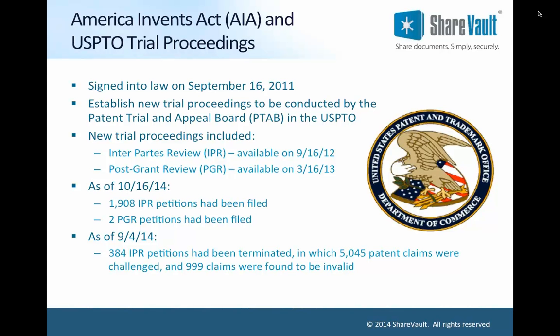Only 2 for the PGR, and that partly is because it's recent, and partly also because it only applies to patents which were filed after March 16, 2013. 384 IPR petitions have been terminated, 5,000 patent claims have been reviewed, and 999 have been found to be invalid. So it's popular, and if you are the petitioner, that is the opponent of the patent, it is quite effective.